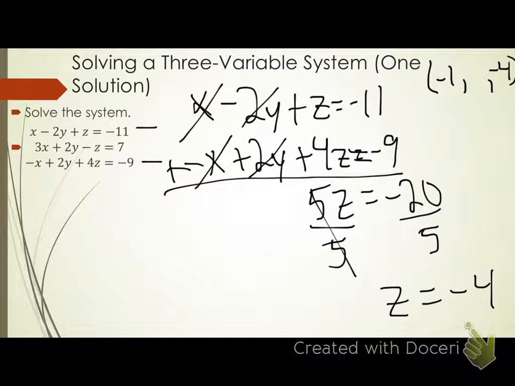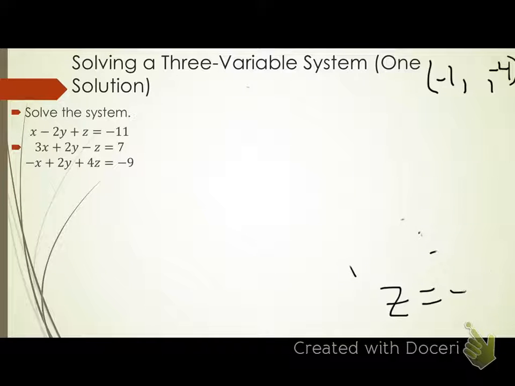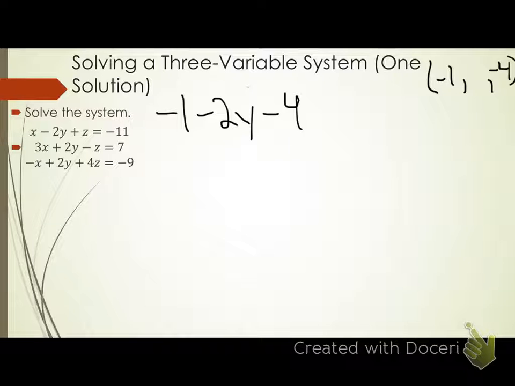Now all that's left to do is to plug into one of my equations and solve for y, since I've found 2 of my 3 variables. So I'm just going to use this top equation, plugging negative 1 in for x, minus 2y, plus z would give me minus 4, equals negative 11.